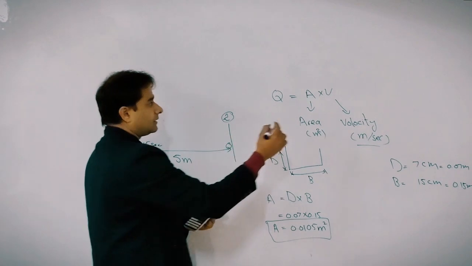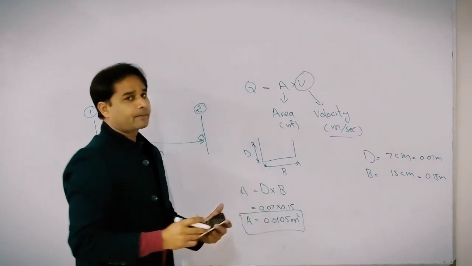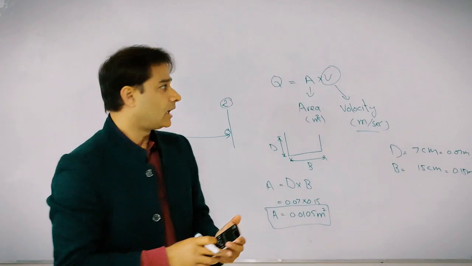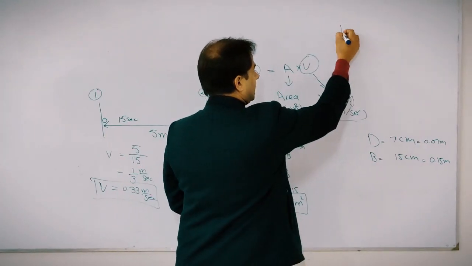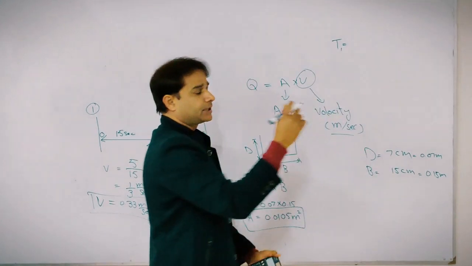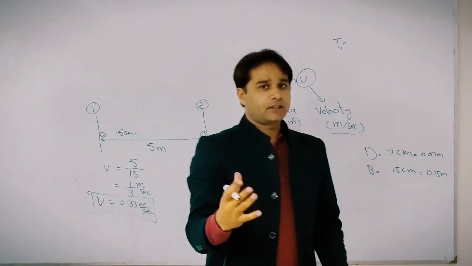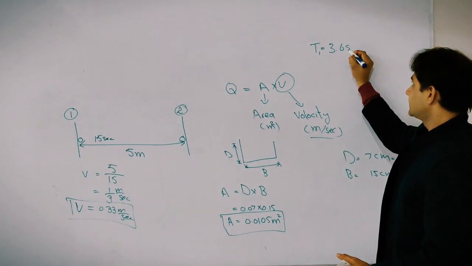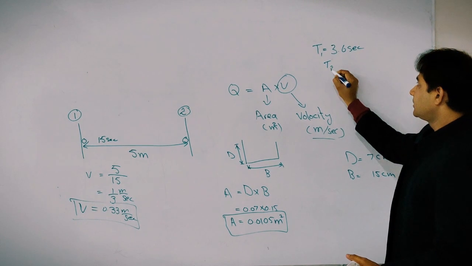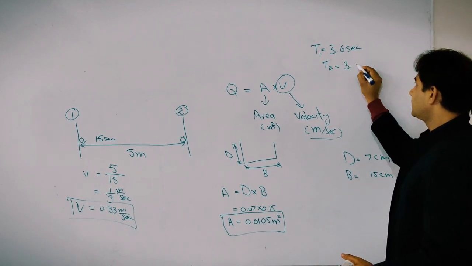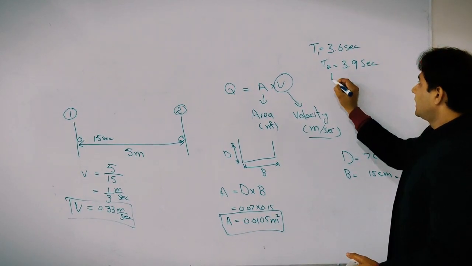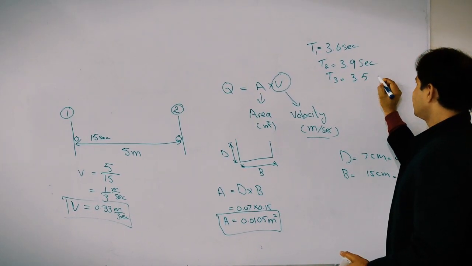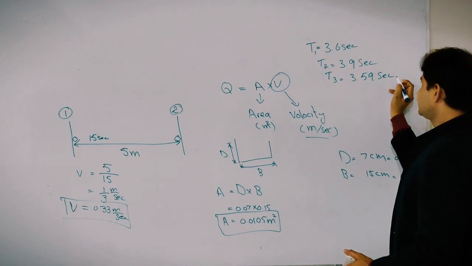Now we have to calculate the velocity. As you know, we have taken 3 readings. Our first time taken by the floating body to reach from one point to another point was 3.6 seconds. Second time it took around 3.9 seconds, and third time it took around 3.59 seconds.